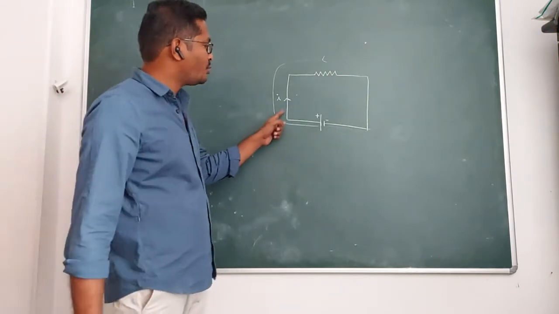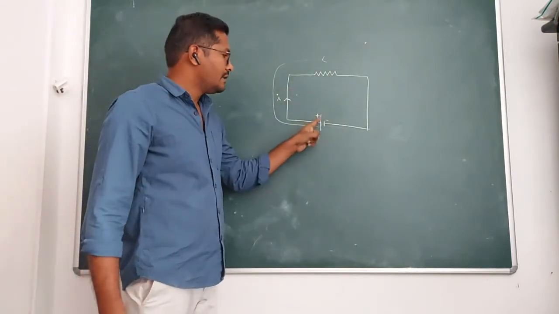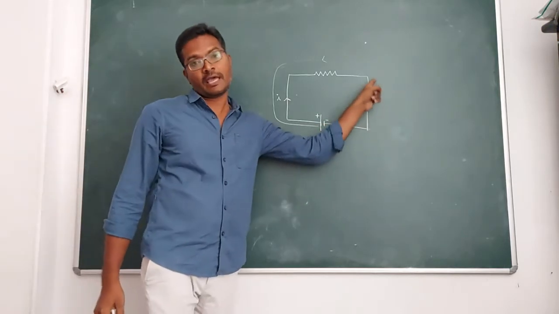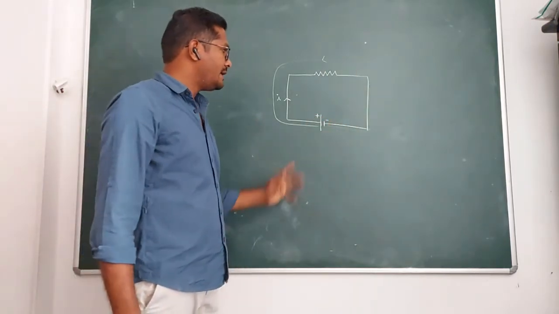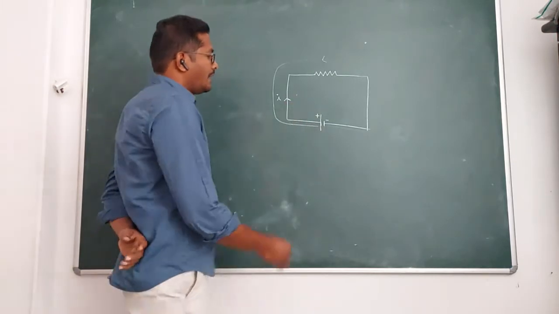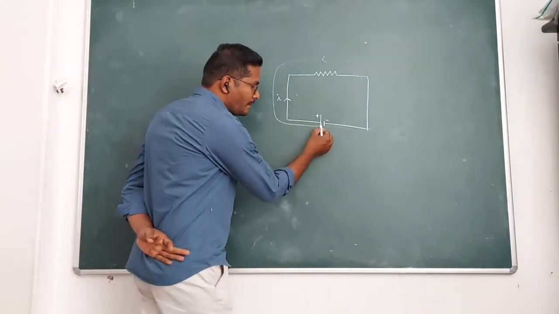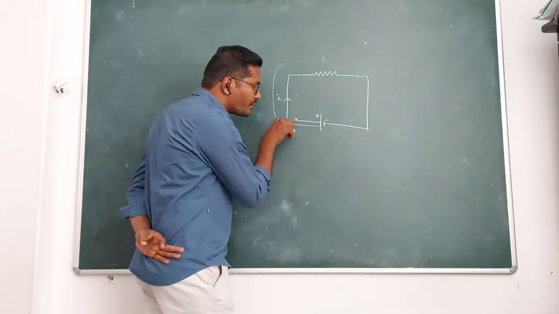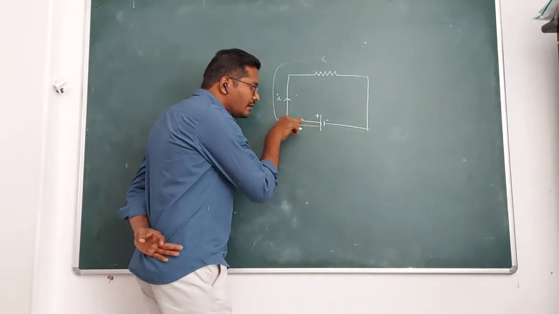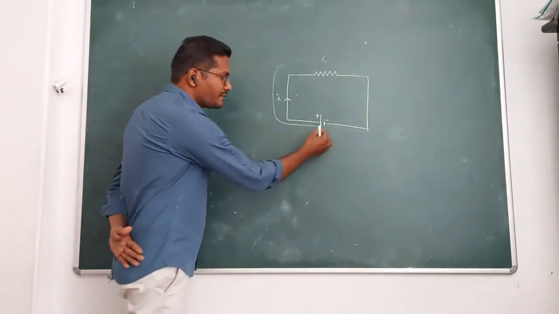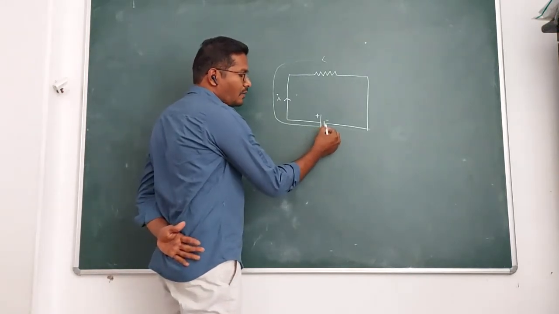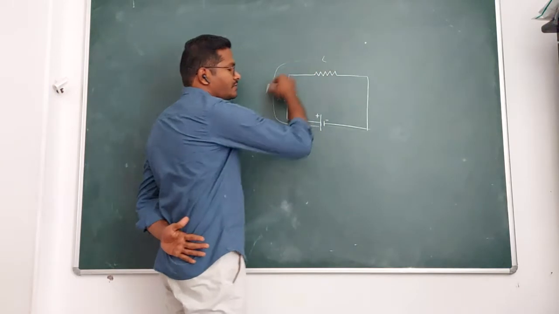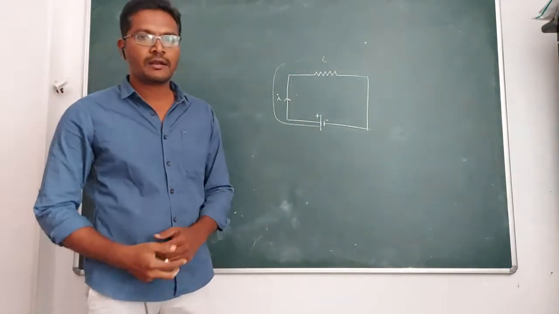If current is moving in the clockwise direction, then electrons move in the anti-clockwise direction outside the cell. And inside the cell, electrons move from positive to negative, and again they will come out of the cell from negative to positive. This is the direction of the electrons.